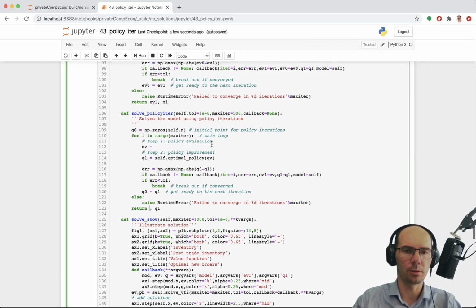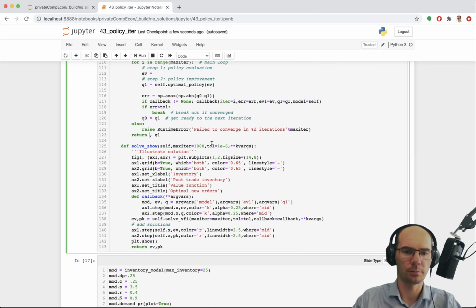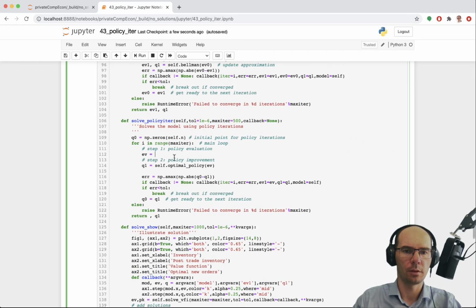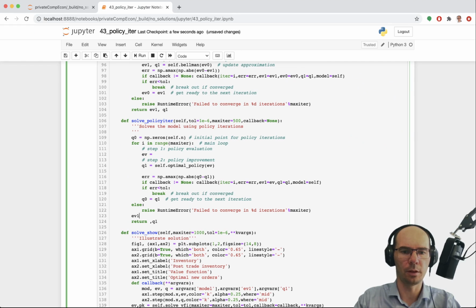So we need to return the policy evaluation of Q1 in the end here. So it is worth saying EV1 is going to be equal here, same as EV.